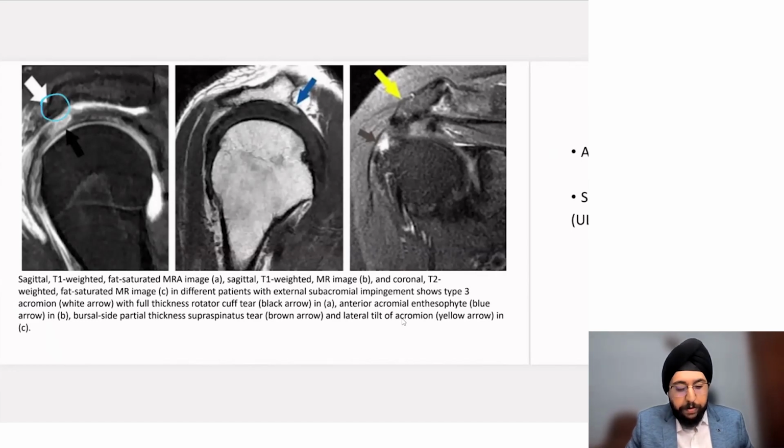This is an anterior bird beak type of spur or an enthesophyte. Inferolateral tilt of the acromion. Again, an anterior enthesophyte.